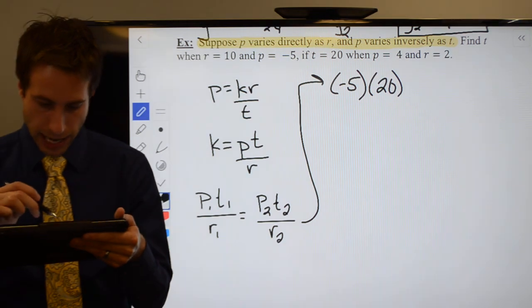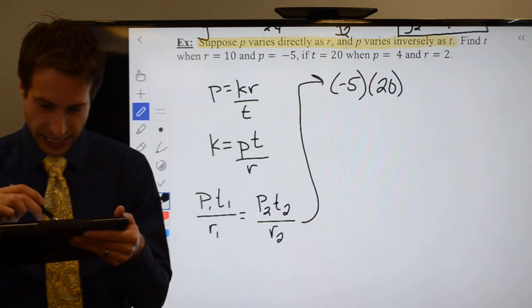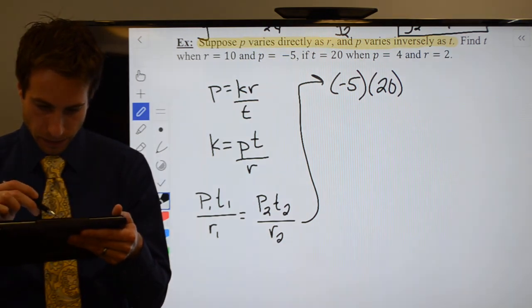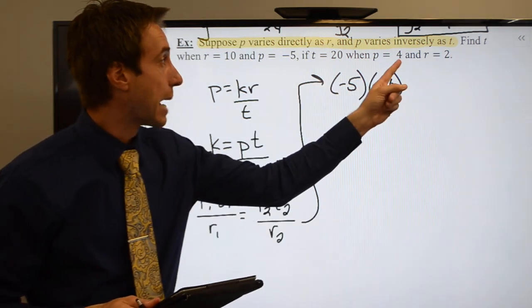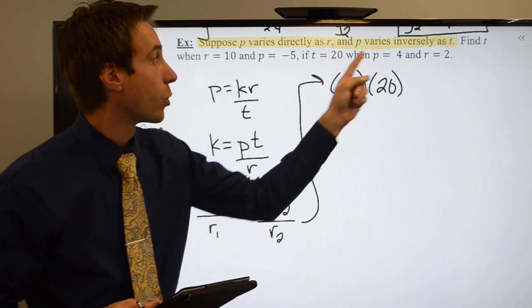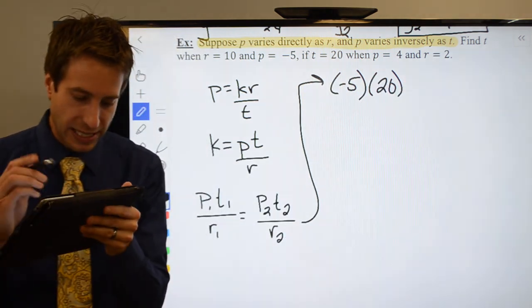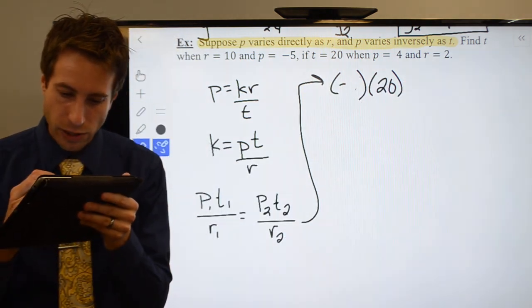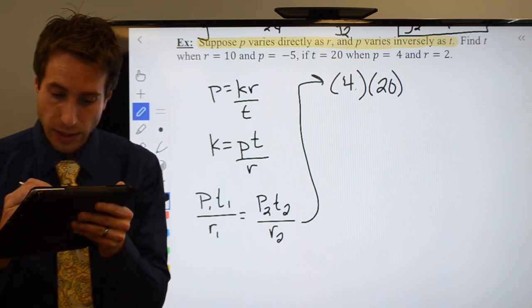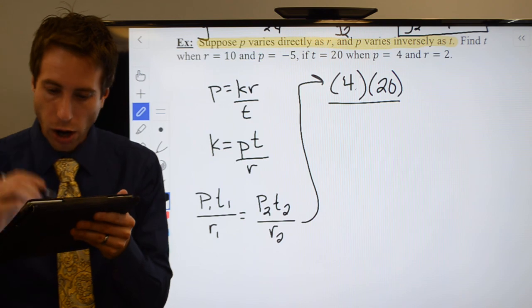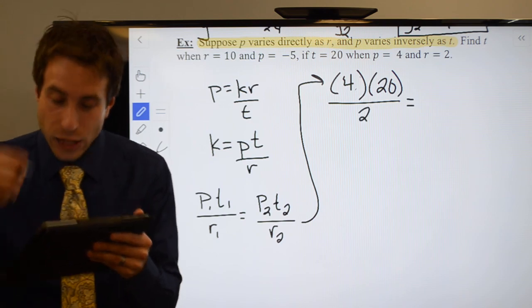Wait. Yeah, T is 20. I apologize. Sorry. P is 4. If T is 20, P is 4, and R is 2. So replace that -5. My apologies. Replace that -5 with a 4. That was almost a disaster. Divided by R, which is 2.